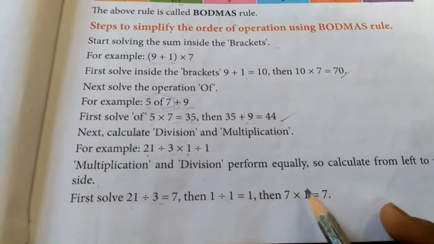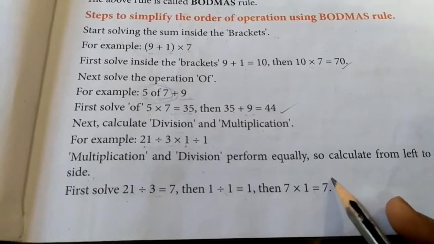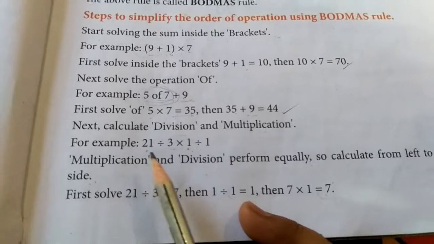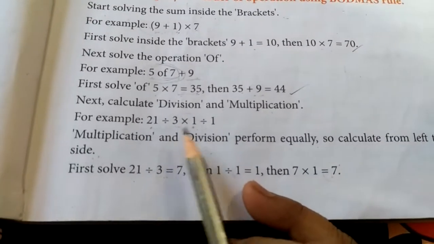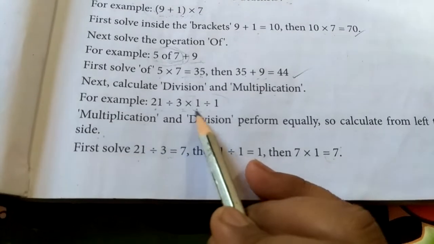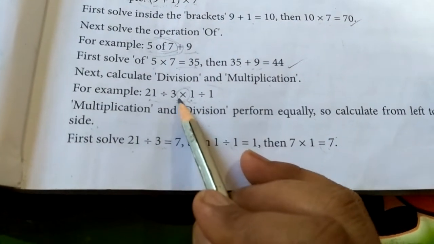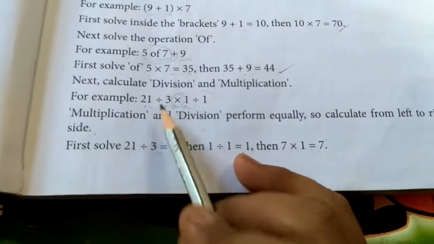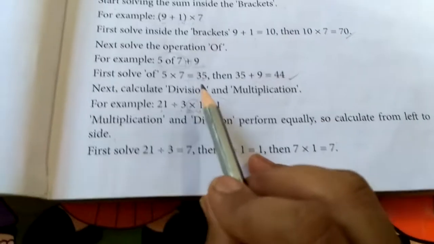Then 7 into 1 will give us 7. First we have to perform the division part only, then only we can perform the multiplication part. We are not going to multiply this 3 and 1. Sorry for the above statement, it was not like that.